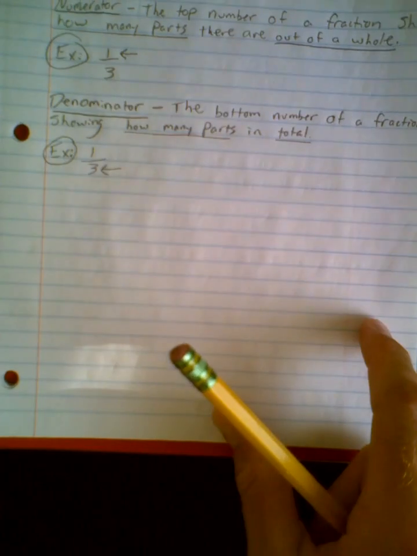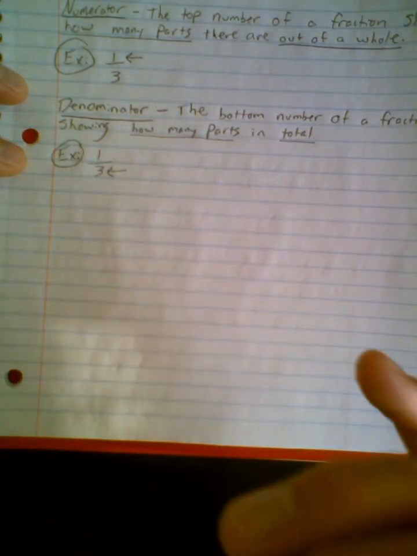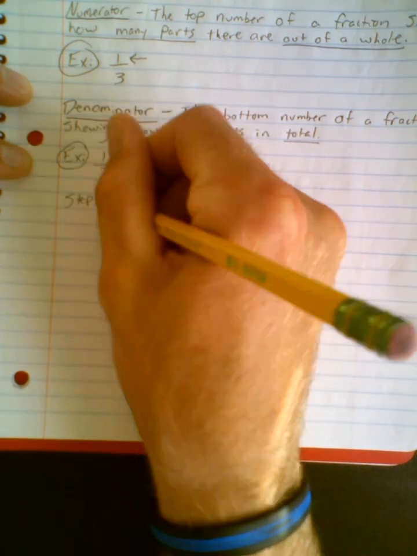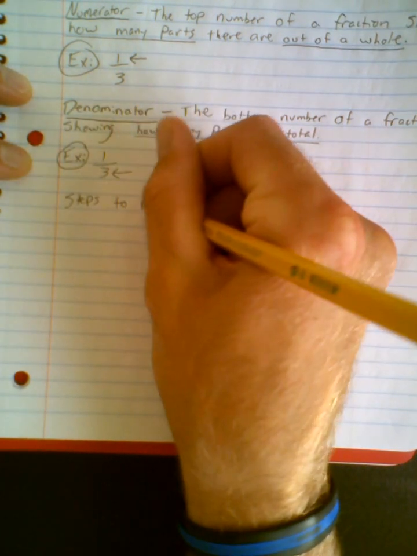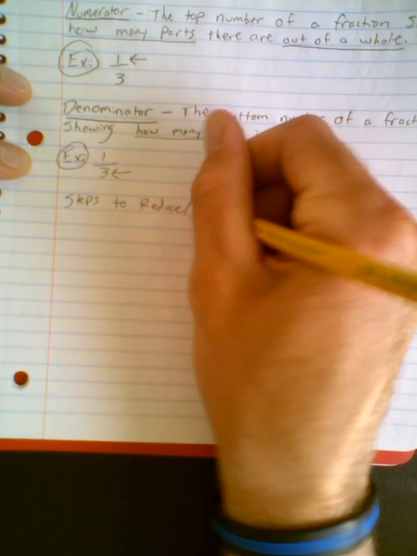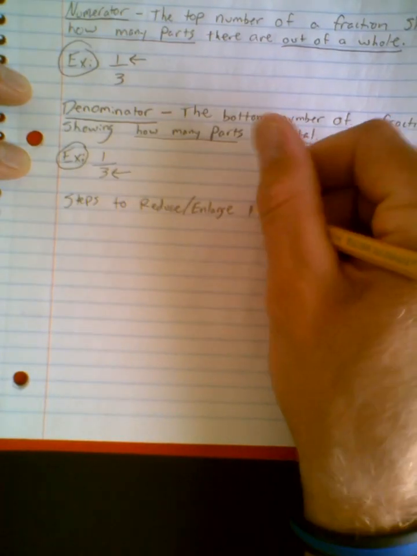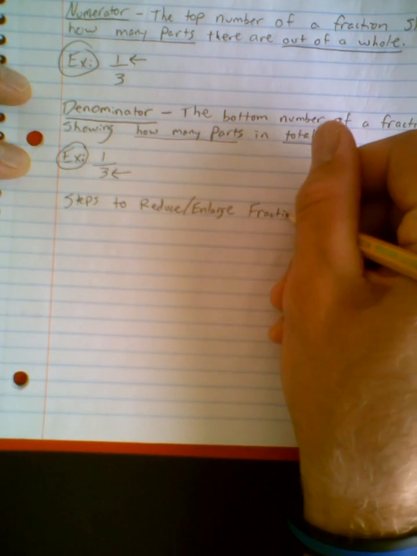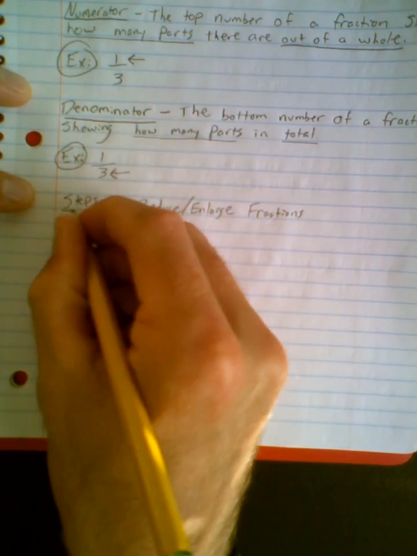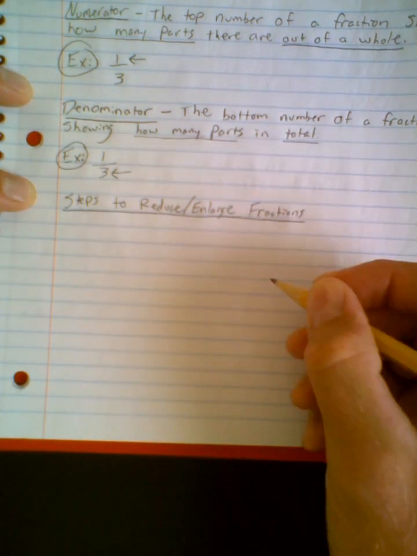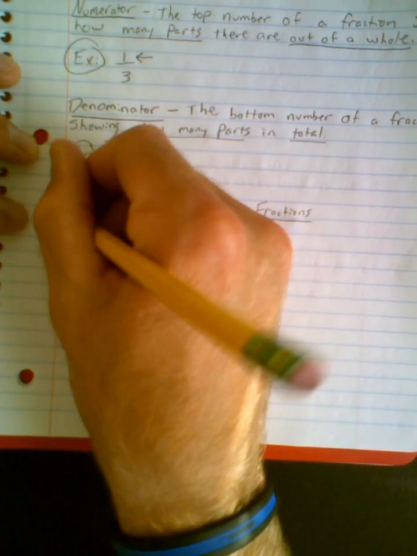So when you're looking at your fractions, there are 3 easy steps to reduce or enlarge fractions. Okay? There are 3 easy steps. Now that you know what a fraction is, you know what your numerator, you know what your denominator is. What's step 1?